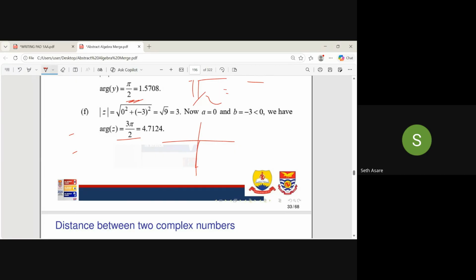When we plot it here, it will be 0, minus 3. That is this line. And we need the angle here up to this place. And we are saying that here is 90. Here is also 90. Here is also 90. If 90 is 3 pi on what? On 2. Then 3 of it will be what? Is it not 3 multiplied by 90?